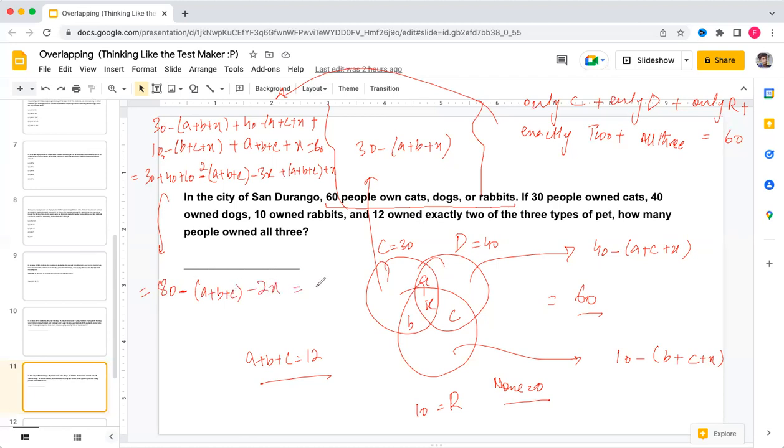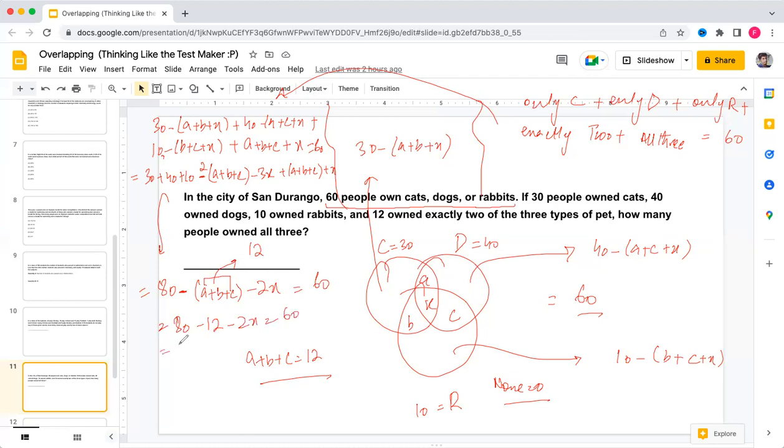This whole is equal to how much? 60. Okay, so we know this exactly 2 is equal to 12. So this one is 80 minus 12 minus 2X is equal to 60.